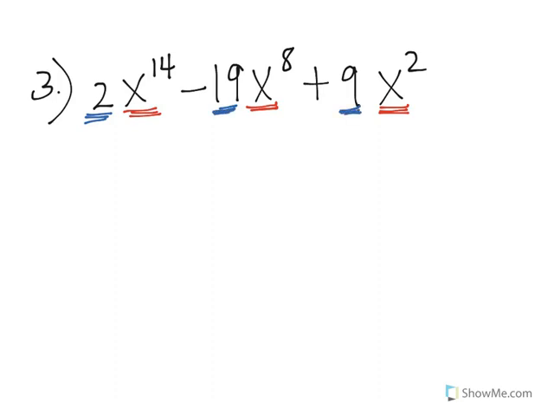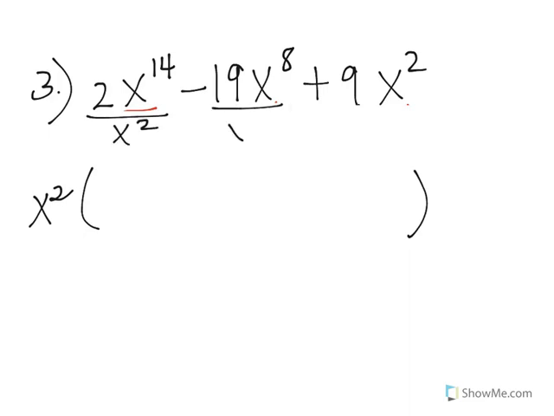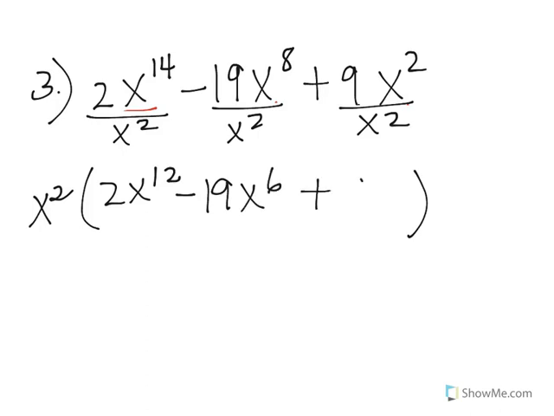So I think it's just the x squared that we have to factor out. So we just have to consider dividing each of these terms by x squared. So that's going to give us 2x to the 12th minus 19x to the 6th plus 9.